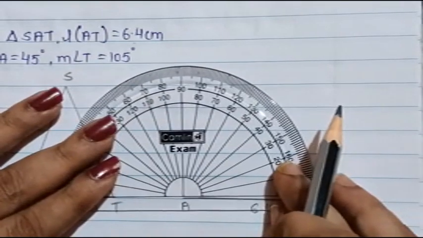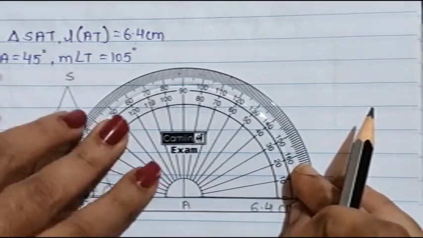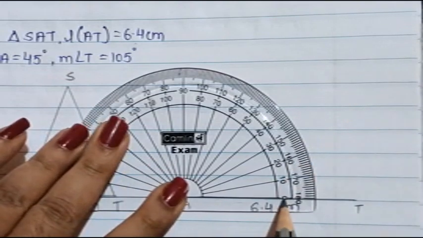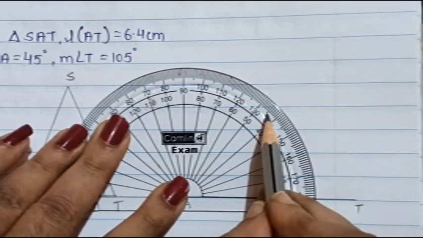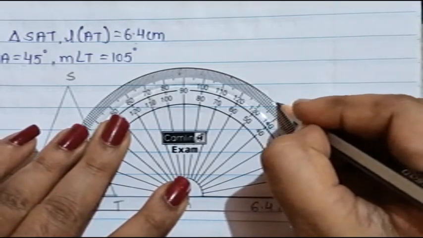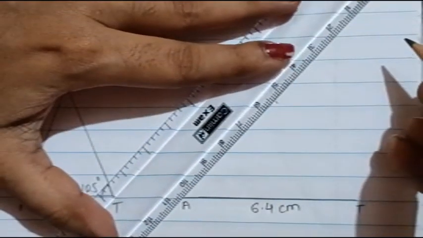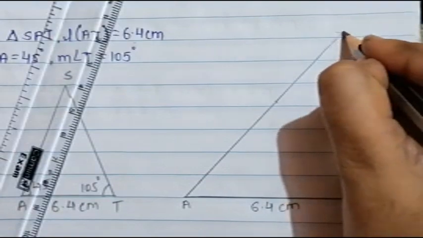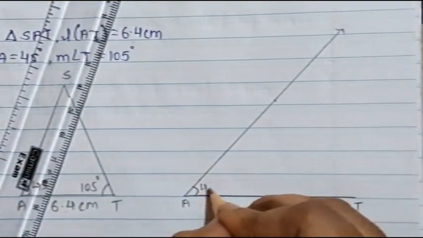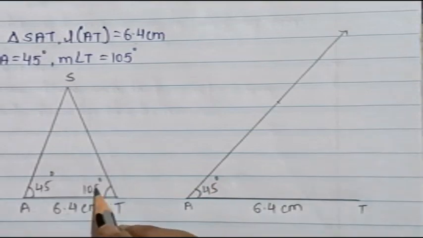So I'll put the center of the protractor at point A, and I'll take it as 45 degree. So you will start from here, 0, 10, 20, 30, 40, and this is 5, that is 45 degree. So I'll make a point, and then I'll draw a line. Okay, and I'll name it 45 degree.